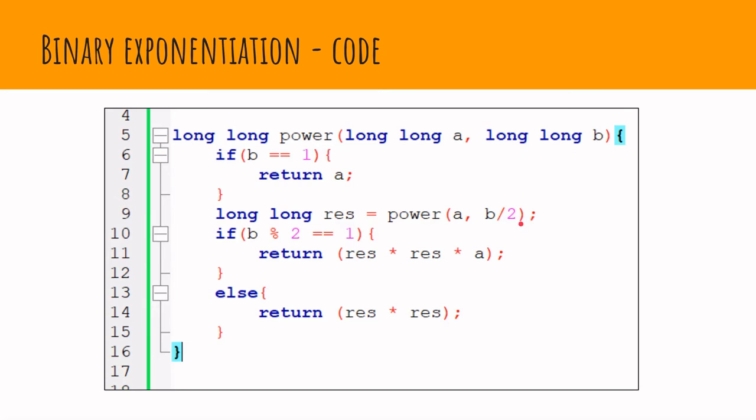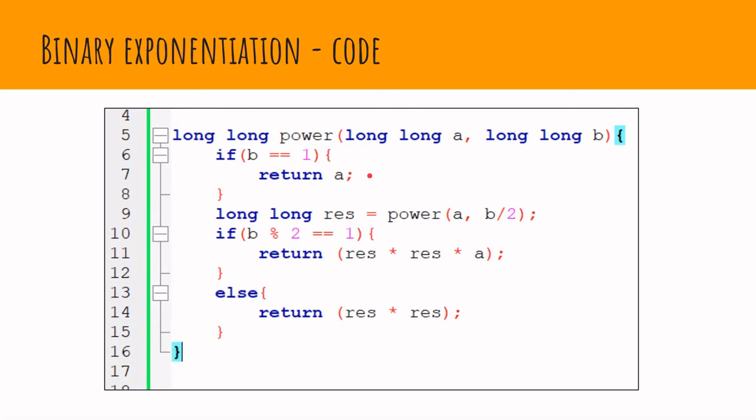Whatever the result, I am storing it in res. Now, if b is odd, then I am doing res into res into a. Else, I am just doing res into res. Talking about the base condition, since it is a recursive function, the base condition is if b equals 1, then I am simply returning a, because a to the power 1 is a itself.